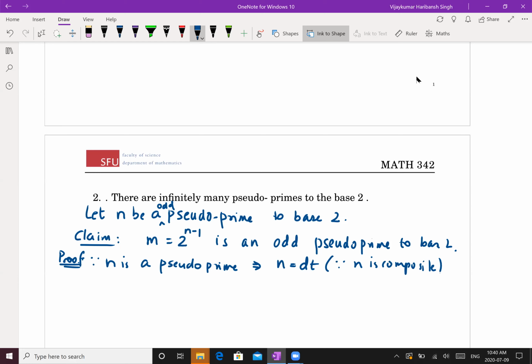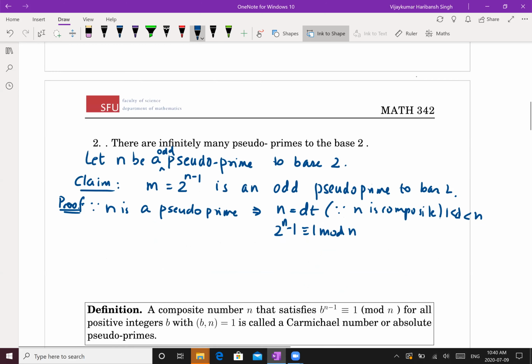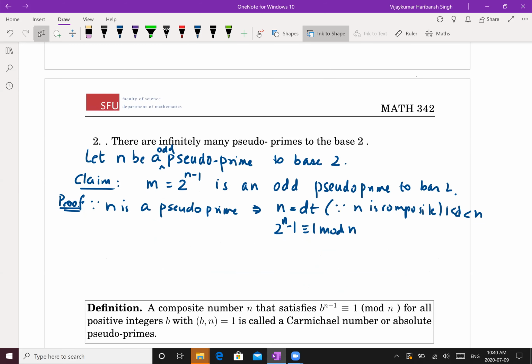And secondly, 2 to the power n minus 1 is congruent to 1 mod n. Since it's composite, d is strictly between n and 1.